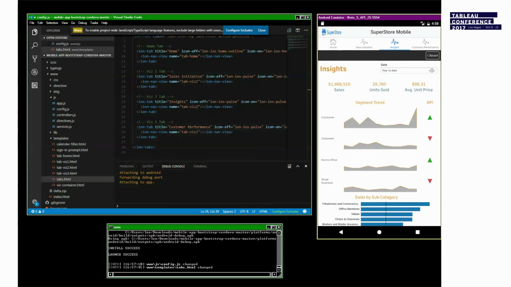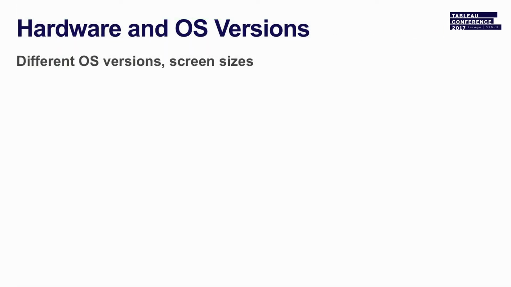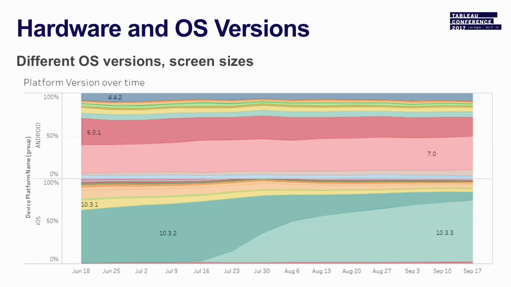So now we've been talking about some differences here between the mobile platforms. What are some hardware differences, like on screen size, and the difference between the different operating systems? Yeah, good question. This is something that mobile developers have to deal with. I pulled some stats from Tableau Mobile for the last few months.